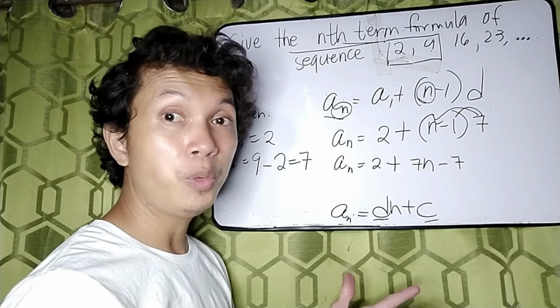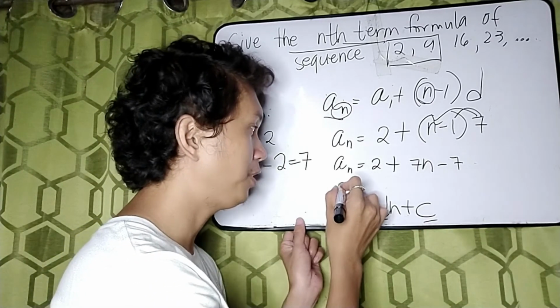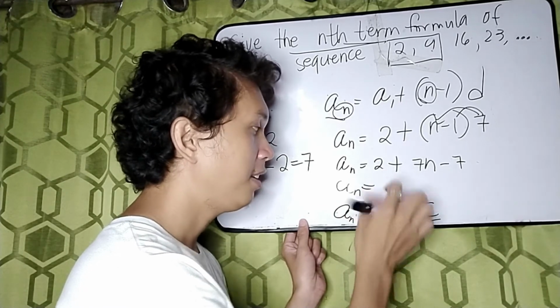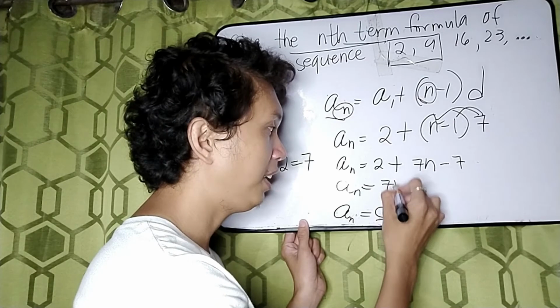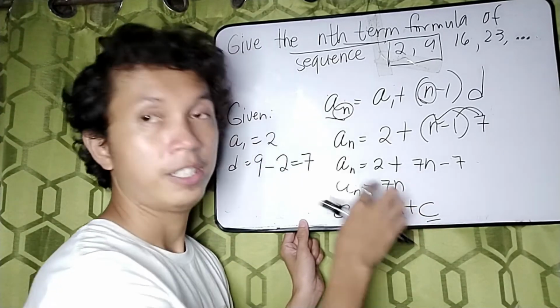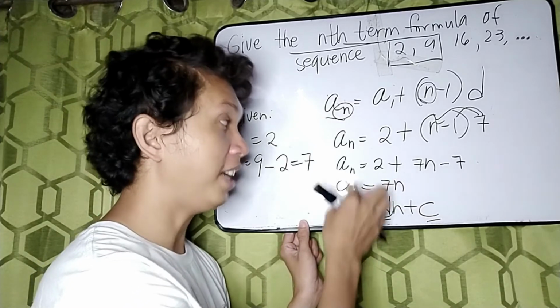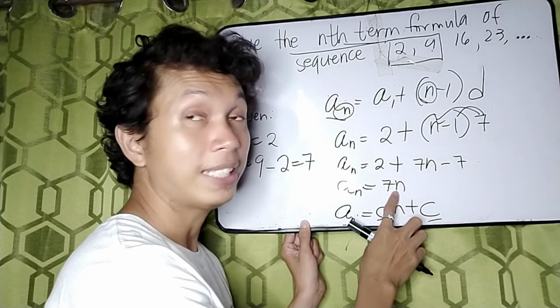The next thing we do is to follow this format. So we have a sub n, then dn, which here is 7n. That's positive, and it does not cross the equal sign, so it stays positive; it doesn't change.